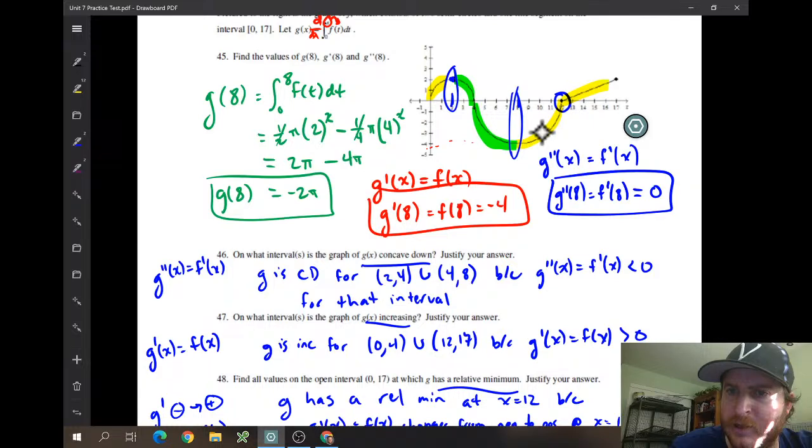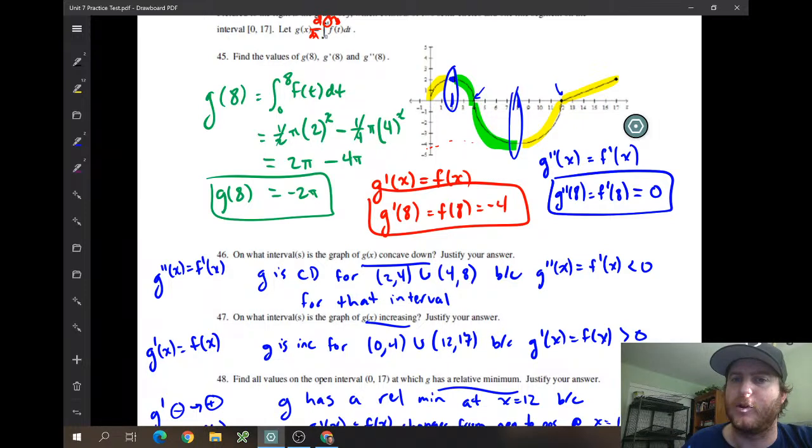Here it was decreasing, decreased again, increasing, increases again. So only at 2 and at 8. So the other points, 4 and 12, would be possible inflection points because g double prime equals f prime was DNE, right? It had a vertical tangent and a corner, but the graph kept decreasing or it kept increasing. So inflection points are only when it actually does change.